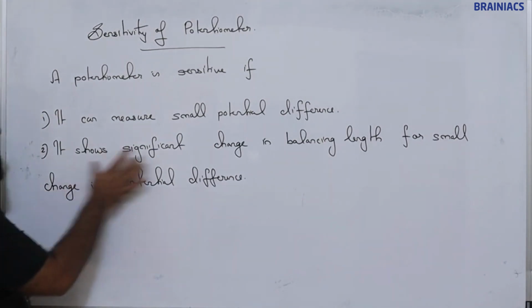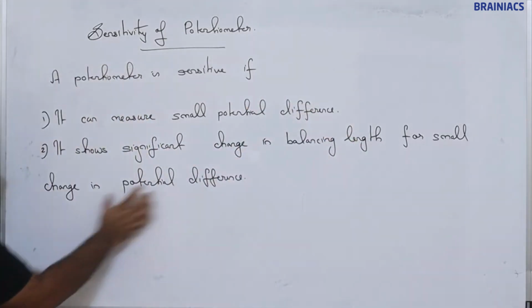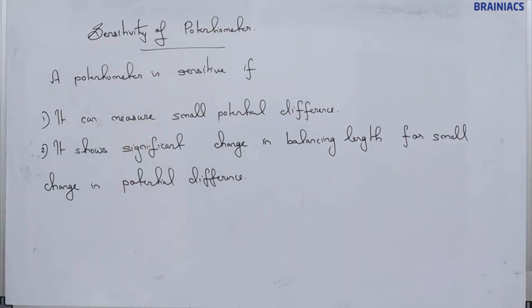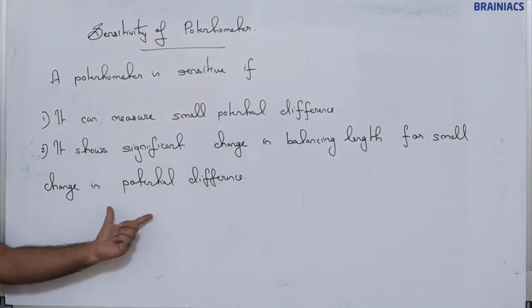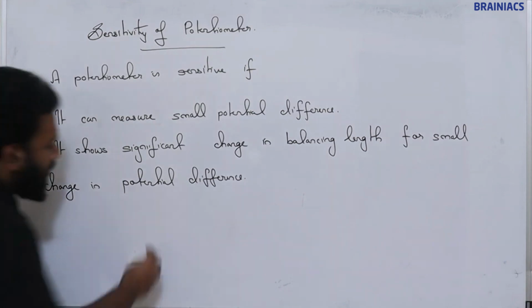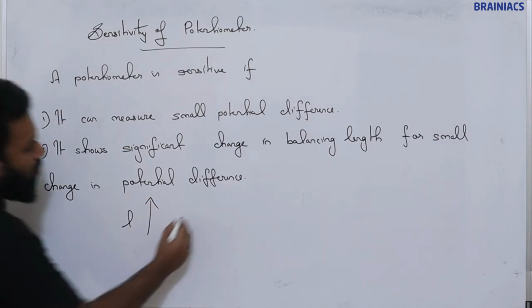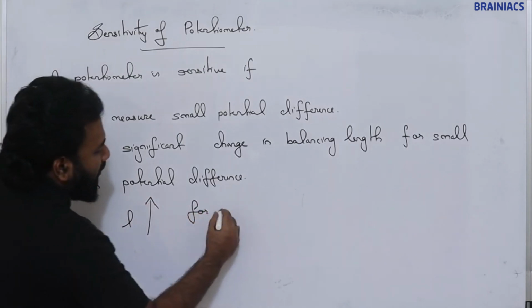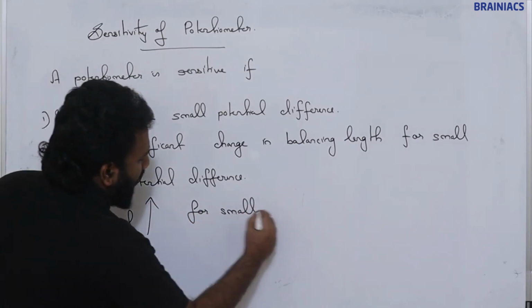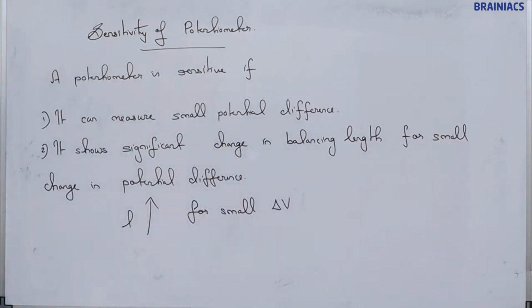It shows a significant change in balancing length for a small change in potential difference. That is, the balancing length increases for a small delta V.